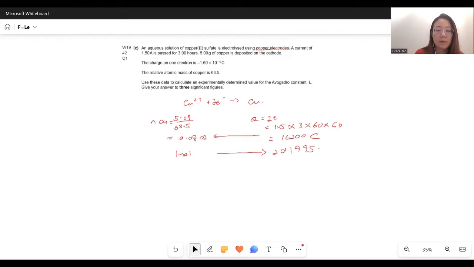Same thing, this is the total quantity of charge carried by your electrons. The question now is how many electrons are involved? 2. So this 201,995 quantity of charge gives you 1 mole of copper. The question is, what is 1 mole of electrons? So you need to divide by 2.